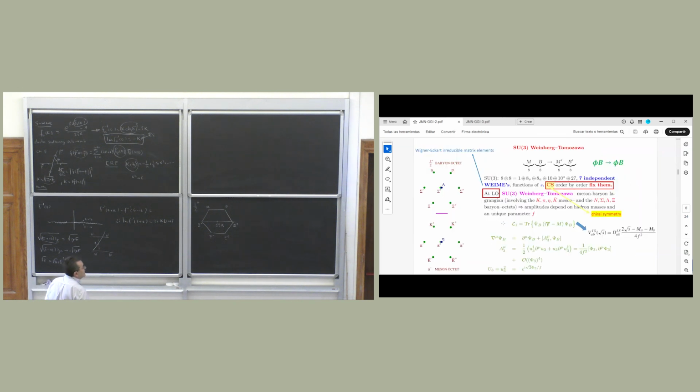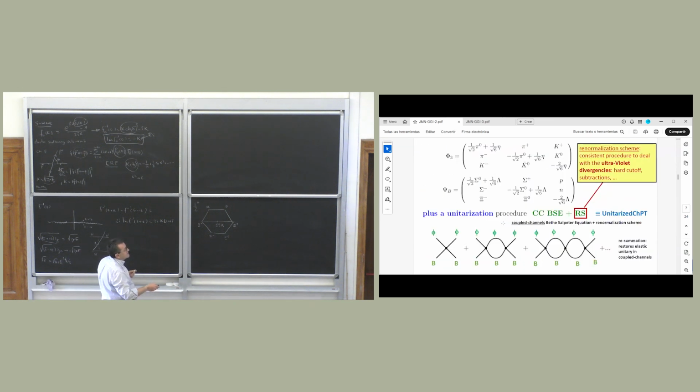And then I am going to consider the scattering of these baryons with the Goldstone bosons related with the pion, right? Here I have the antikaons: the K minus, the anti-K 0.